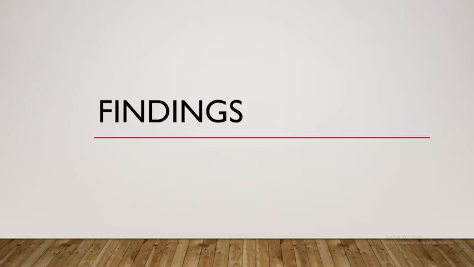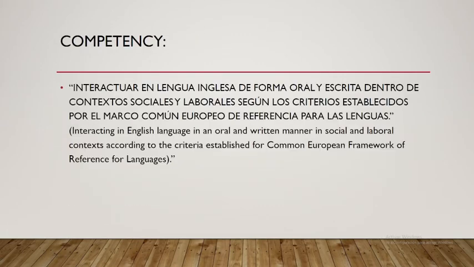Some of the strengths of the curriculum have to do with the goal, which in this case is the competency, which is completely consistent with both the goals of the educational program at SENA and with the philosophy of the institution and its methodologies.